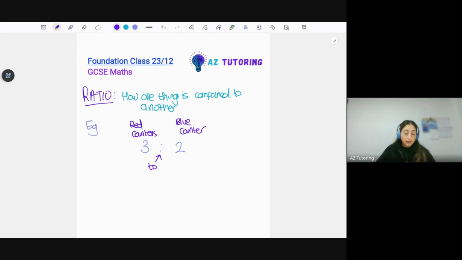What that basically means is for every 3 red counters, we have 2 blue counters. That's the basics of ratio, just comparing one thing to another, and the colon sign just means "to".